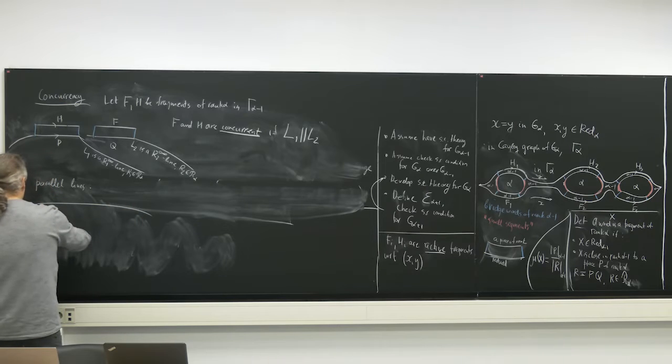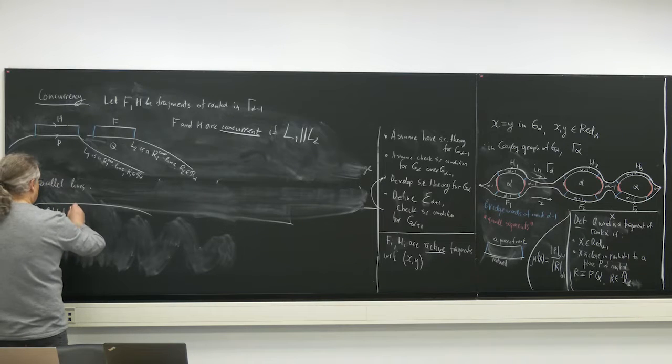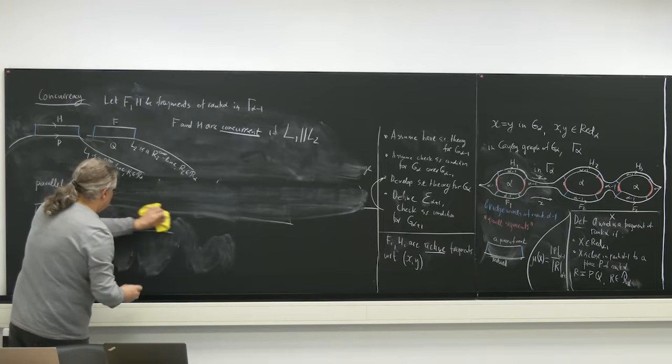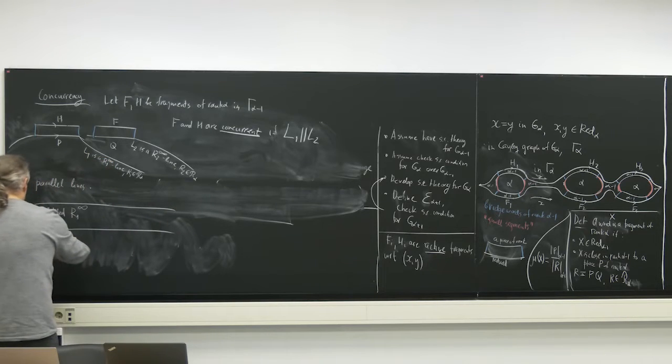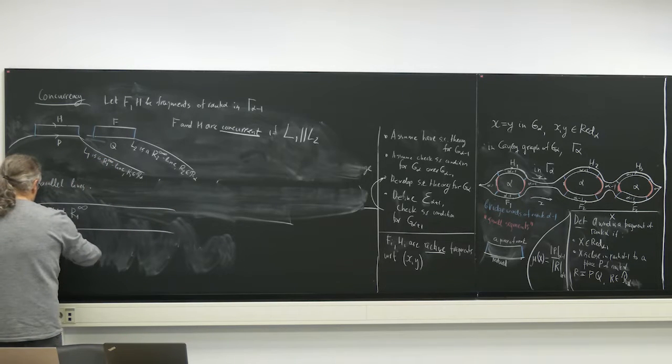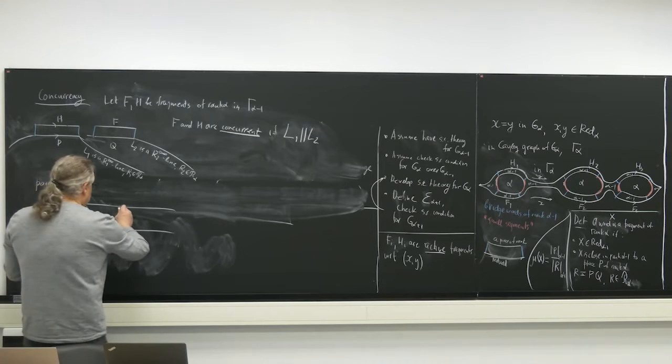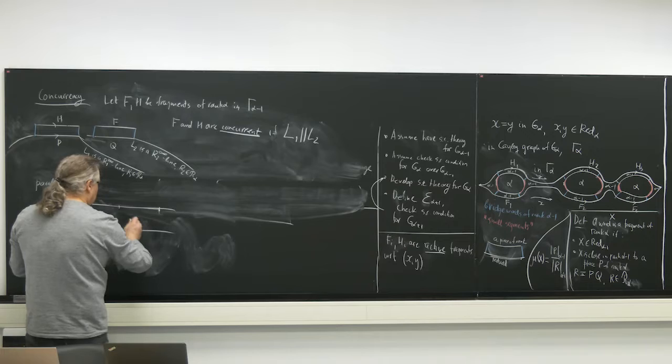We have line L1 labeled R1 to the infinity, and another line labeled R2 to the infinity.